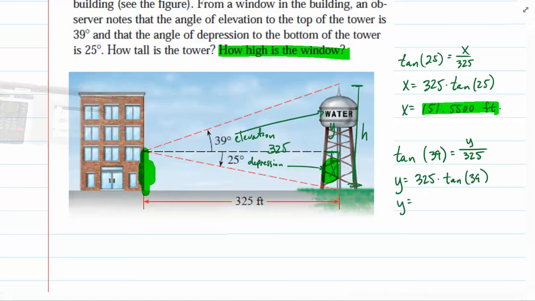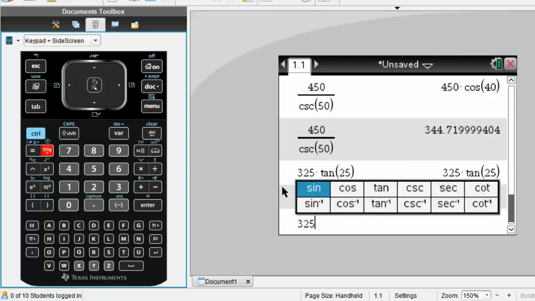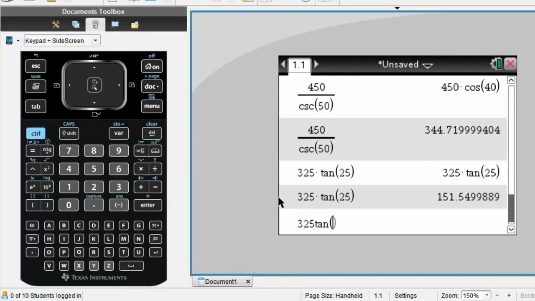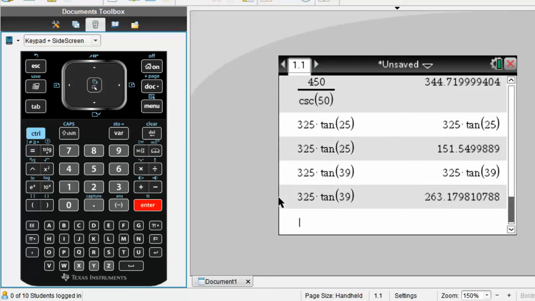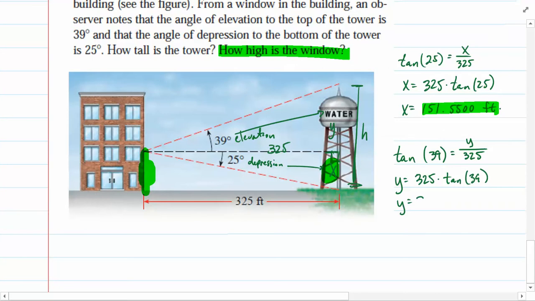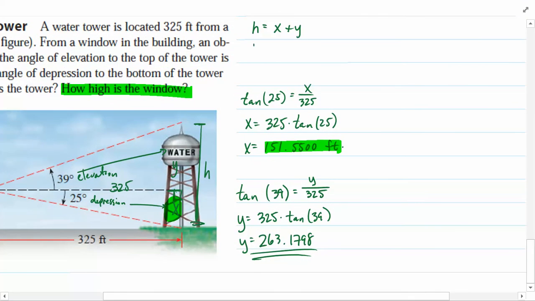Y therefore is equal to 325 times tangent of 39 degrees, and that comes out to be 263.1798. So the side length x and y added together would give me my total height.